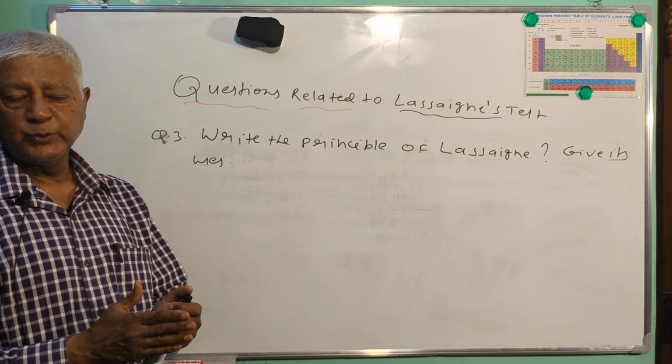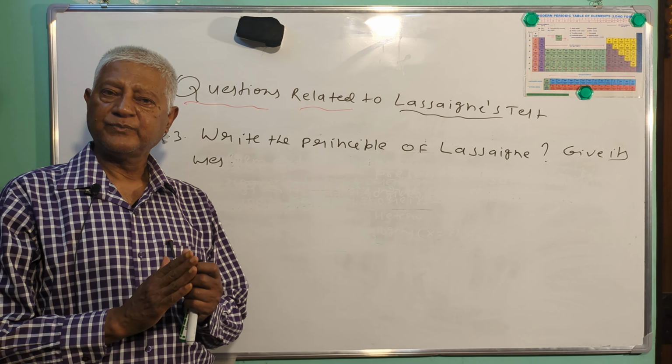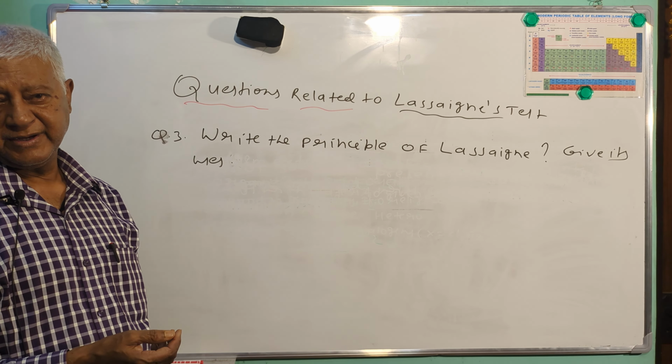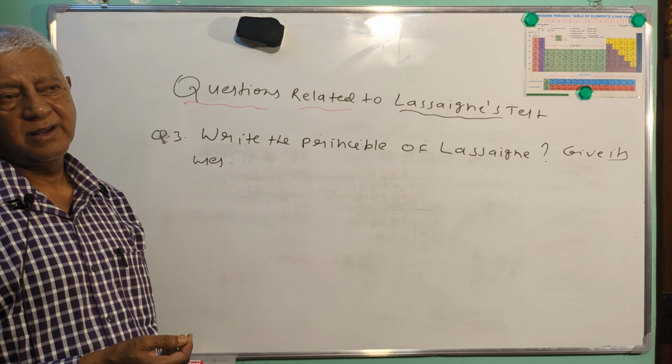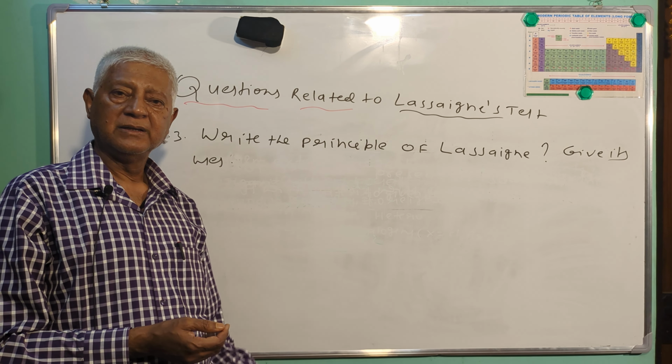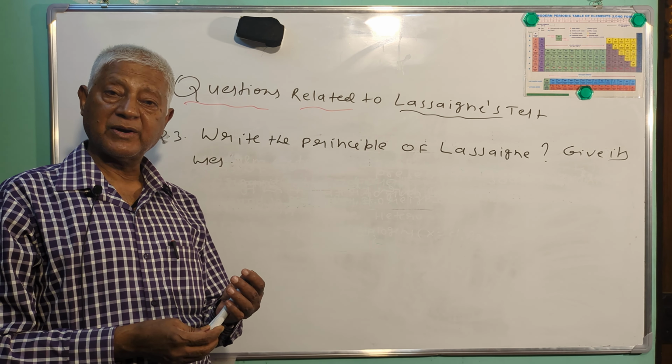So what we have to do? We have to fuse the organic compound with sodium metal. Why? To get ionic compounds, which are soluble in water, and we can perform different types of tests. So what we see? Write the principle. What is the principle of this one?